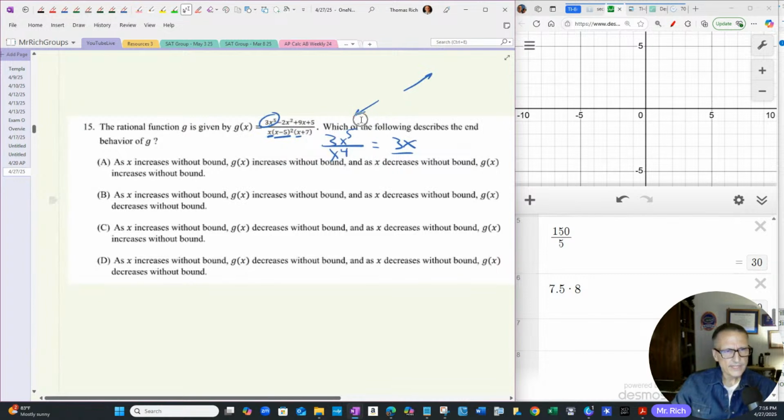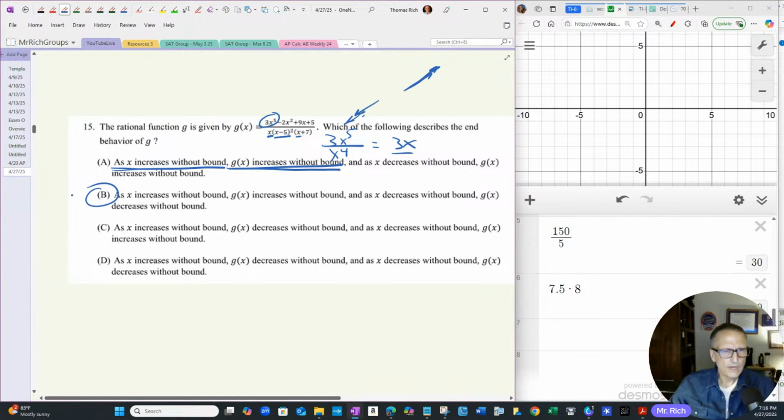So as x increases without bound, meaning as I go to the right, the y values should increase without bound. Yeah, so I want A or B because this thing should be going up to the right. But then as I go left, as x decreases without bound, g of x should also decrease. It should go in the down direction like that.